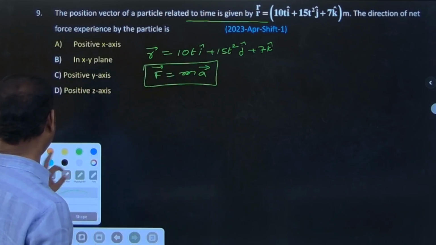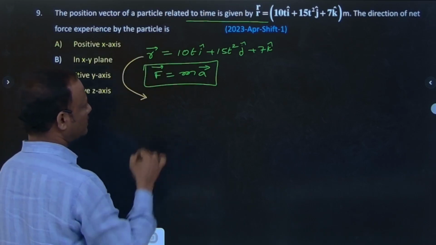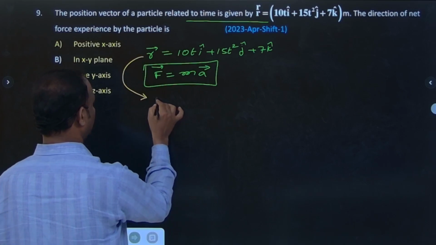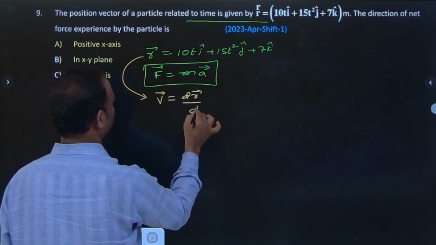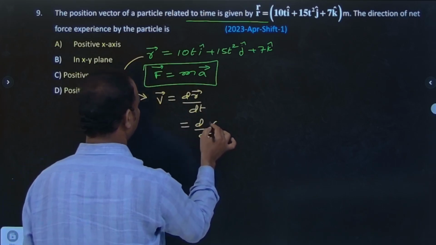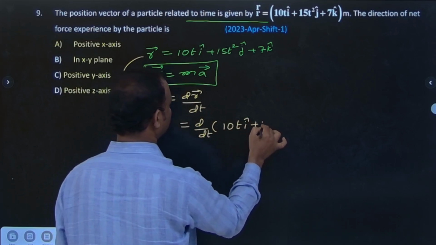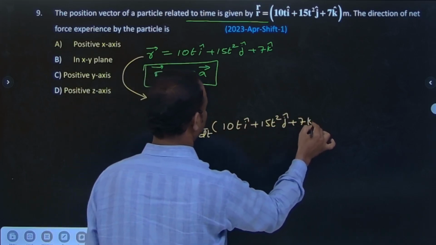So for that, what to do? We need its velocity, next acceleration, then substitution. So what is the velocity? V bar is equal to dr bar by dt, so d by dt of r bar, which is 10t i cap plus 15t square j cap plus 7 k cap.